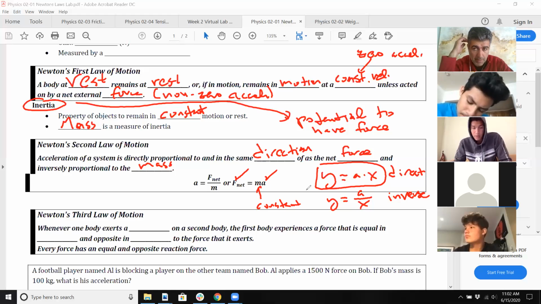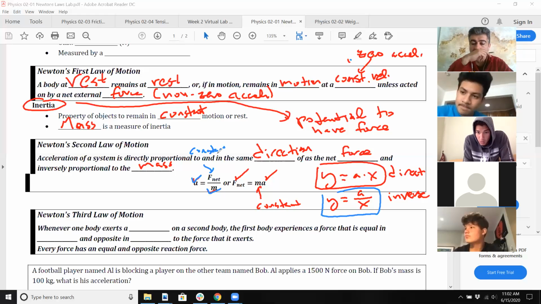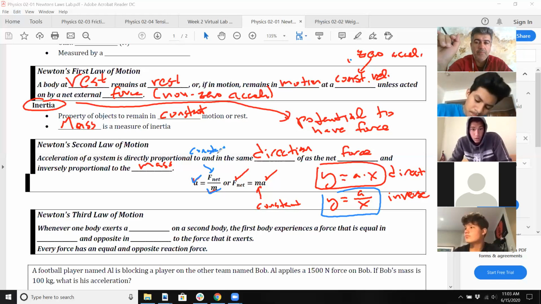Whereas acceleration and mass, if your force is a constant, you could think of them as inversely proportional. If you have more acceleration, then you have a lower mass, or vice versa, if force doesn't change, because they're being multiplied together.